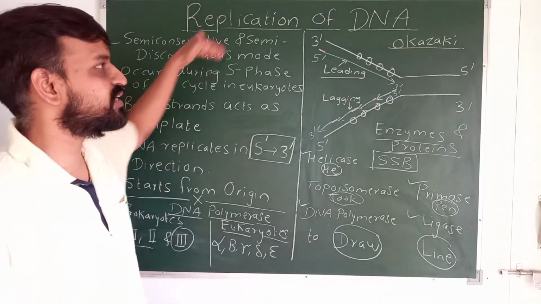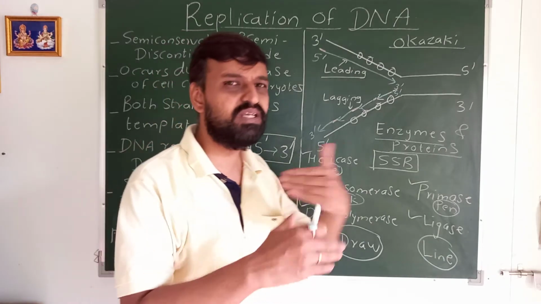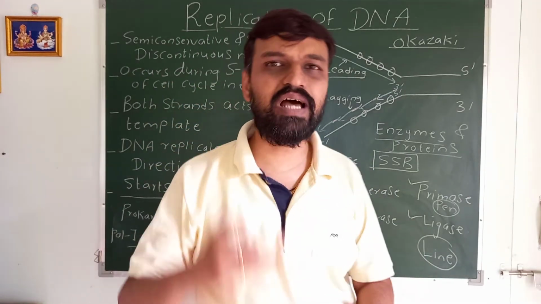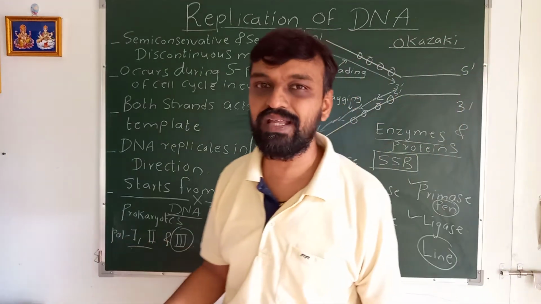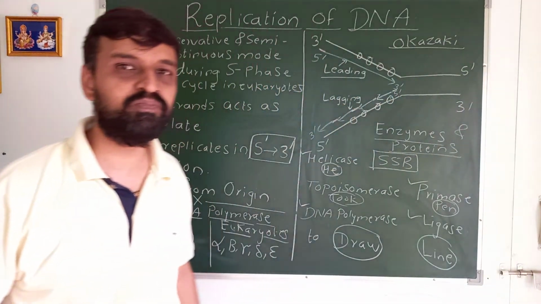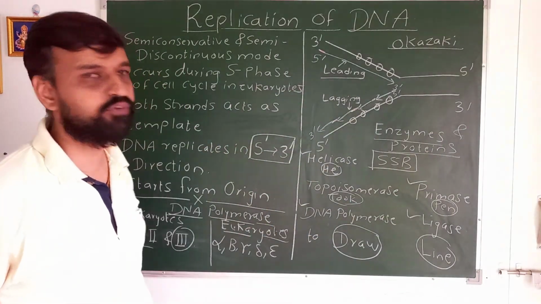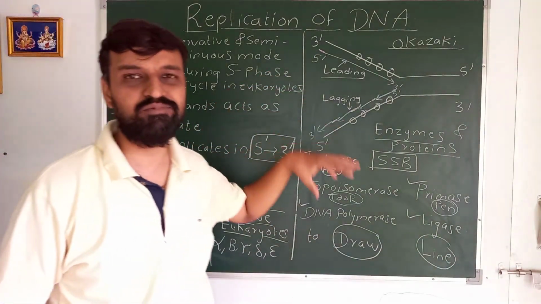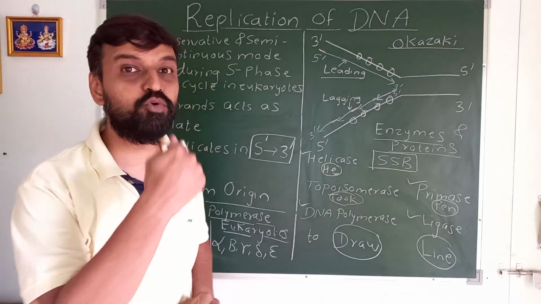So after this, as I told you, if something is wrong in the addition of nucleotides, because this is a biological process, it may happen that there may be some problem. So there is a proofreading phenomenon also, where the enzyme DNA polymerase 3 itself has an activity of proofreading.